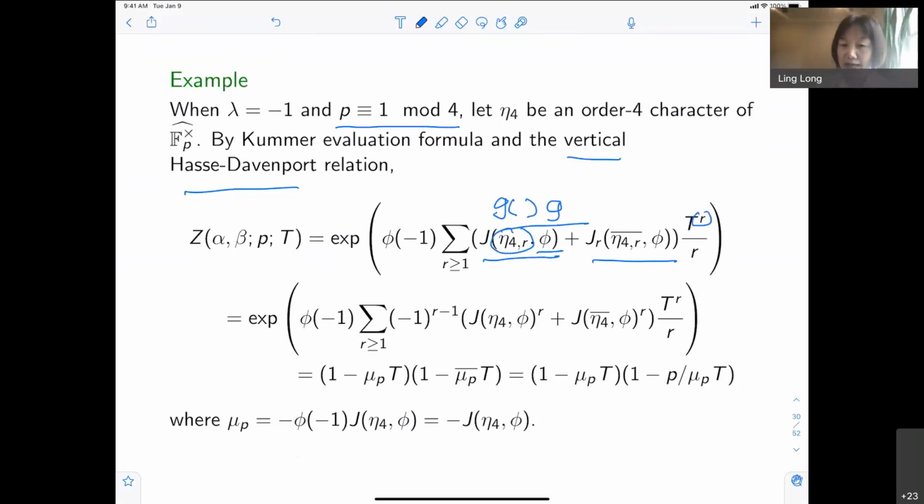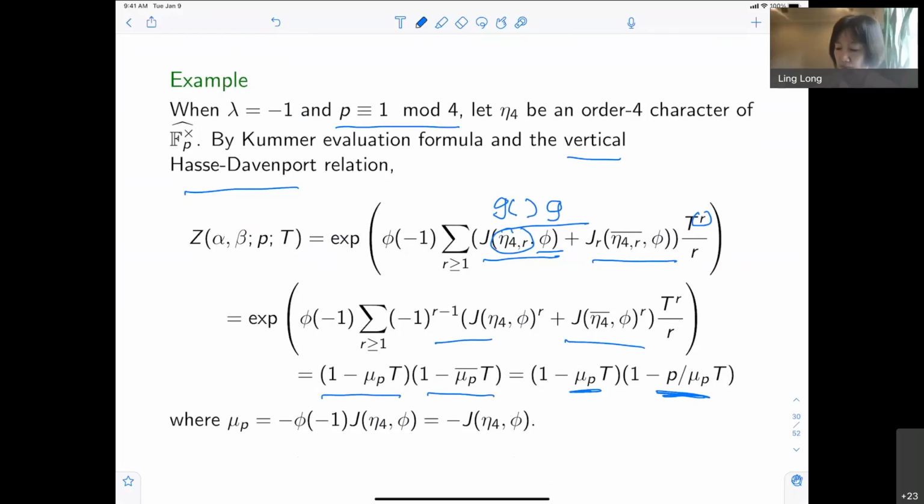Because of the Hasse-Davenport relation, you can write things down in a very explicit way, compared to the formula for the log(1 - at) formula. You notice what I get will be a polynomial of degree 2. The two roots are related: if one of them is mu_p, the other will be p divided by mu_p.